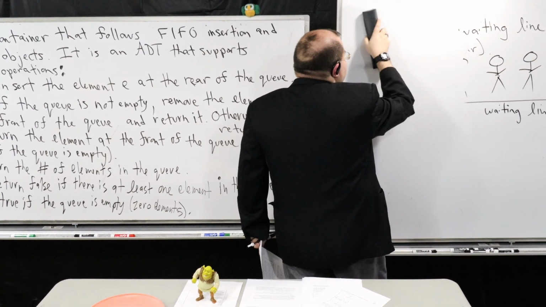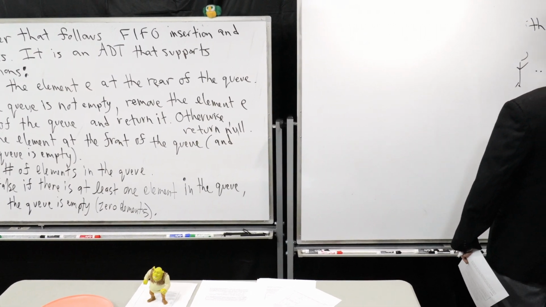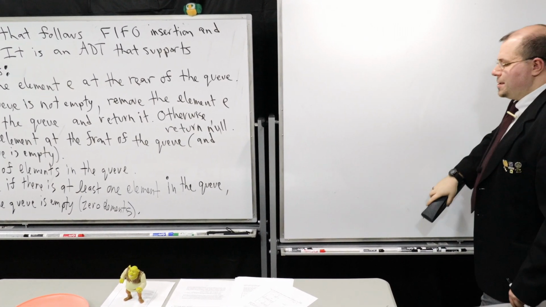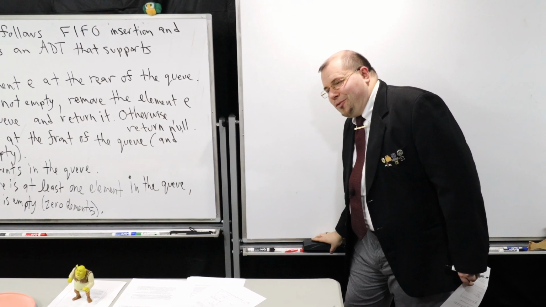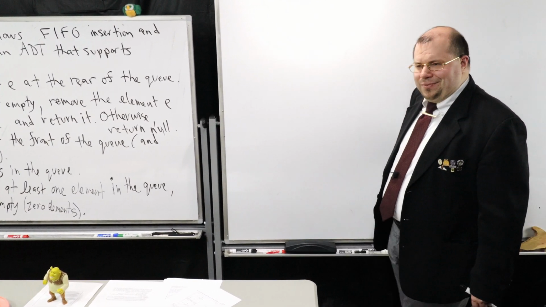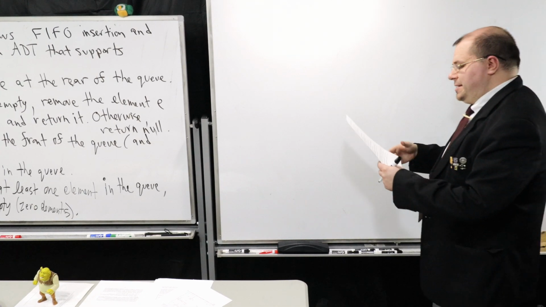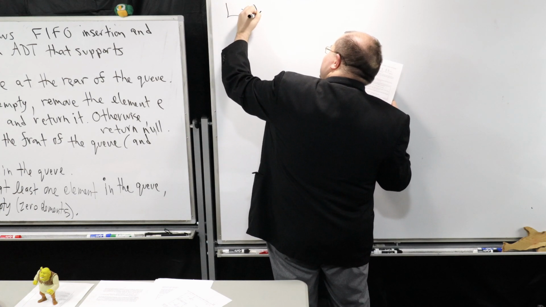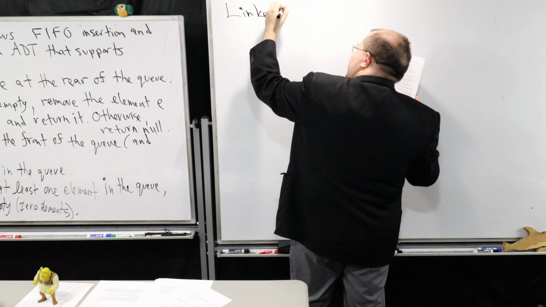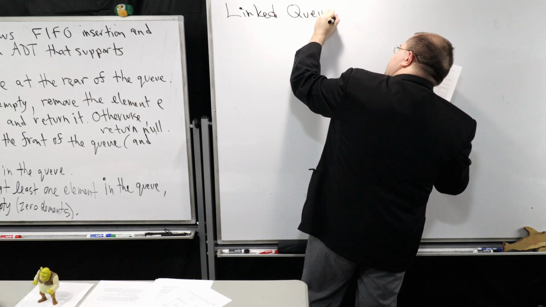So you're going to see that I'm just going to be repeating a lot of things I said earlier. So I'm going to go a little faster because I think everybody here sort of has a grip over the representation of these things. So one implementation that you can use, this is one way you can represent a queue, is a linked queue.